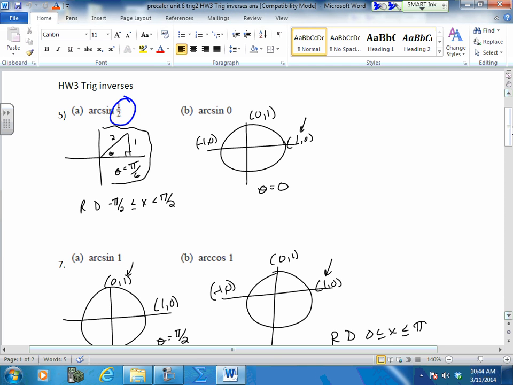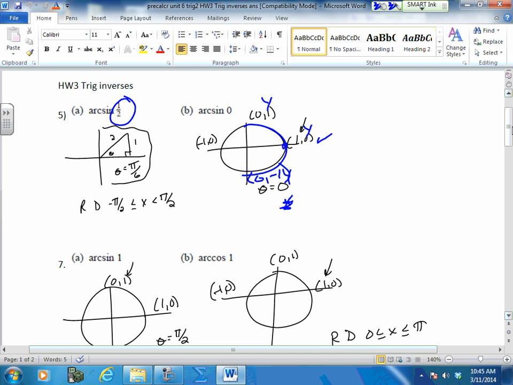Arcsine of 0, it's got to be somewhere between here and here. You know your 1s and 0s for your sines and your cosines are on your quadrants. So is sine the y value or the x value? The y. So I look at my y's and I see out of all of these, which one is 0? This one? This one?